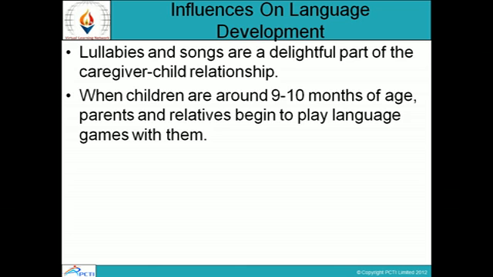That is why language games are played in a playway method, in a fun way, so that children can learn. And adults should also come to know how much a child is grasping and how much a child is able to learn a language and to respond to them. So that is why these various fun activities are done with them.